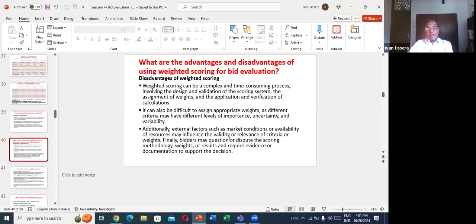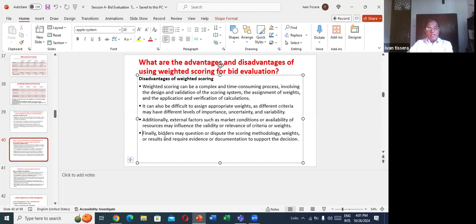Additionally, external factors such as market condition or availability of resources may influence the validity or relevance of criteria or weight. Finally, bidders may request or dispute the scoring methodology, weights or results, and require evidence or documentation to support the decisions.